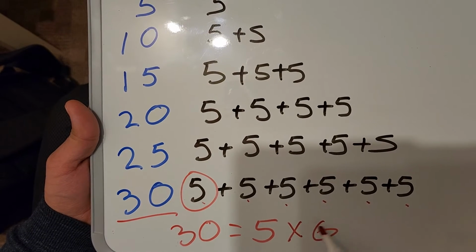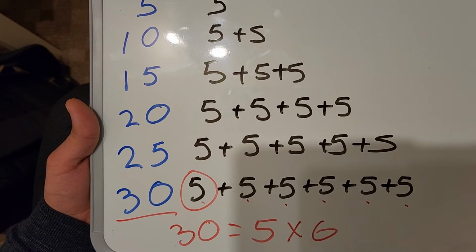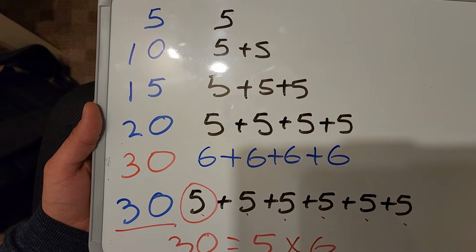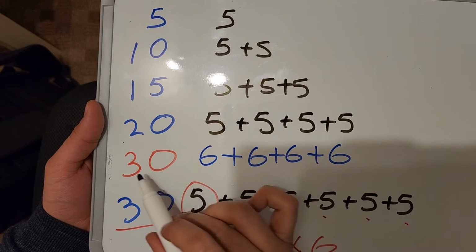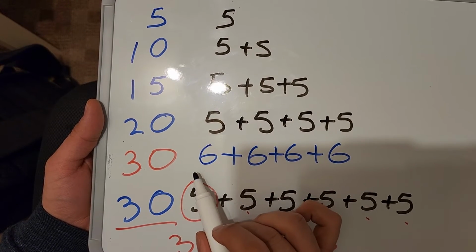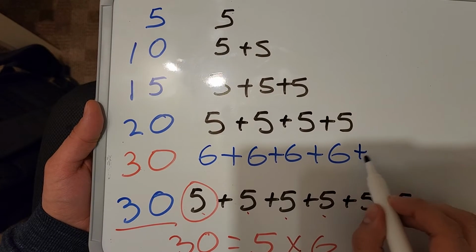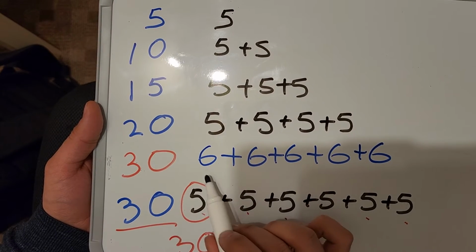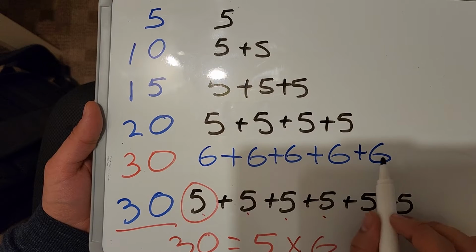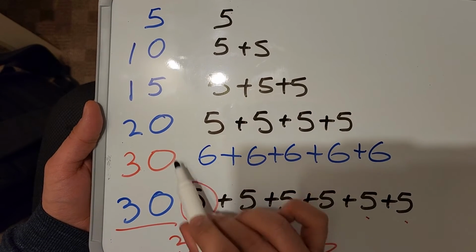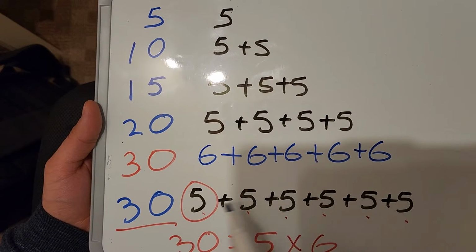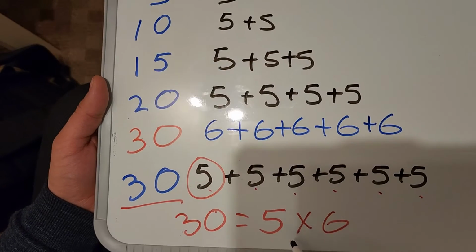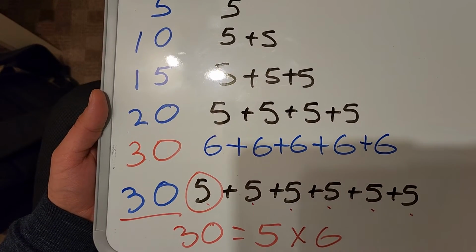We need 6 of these building blocks to get to 30. We can also see that 30 is 5 lots of building blocks of 6. So 1, 2, 3, 4, 5 sets of 6. So here are our factors 5 and 6.